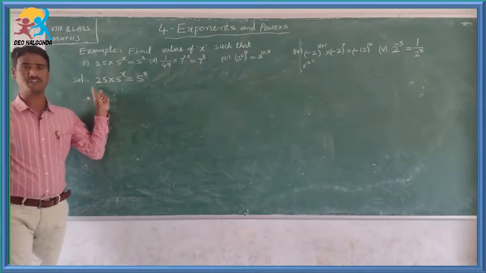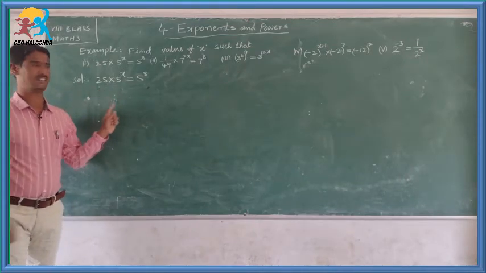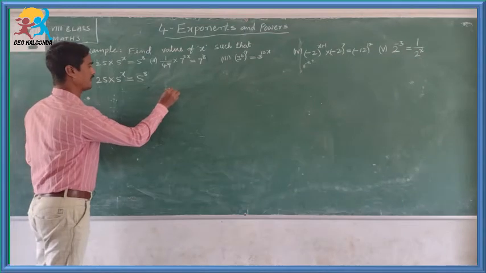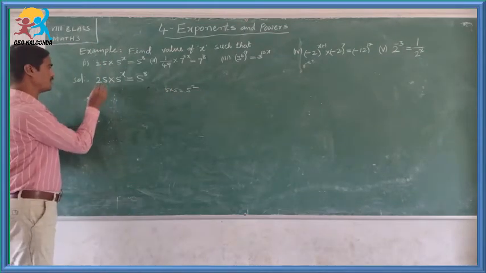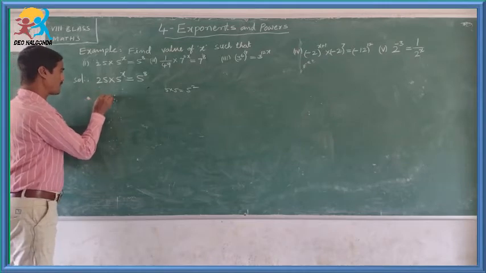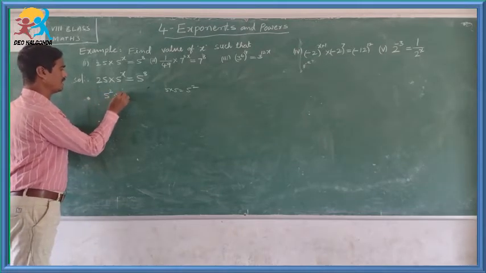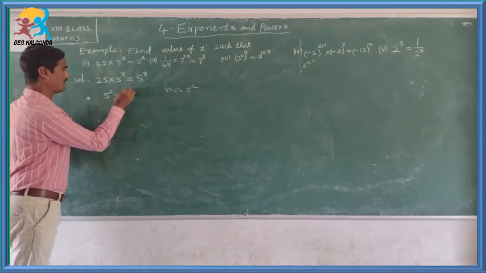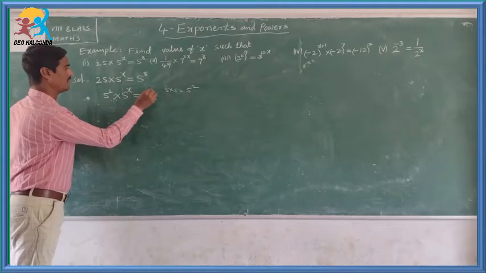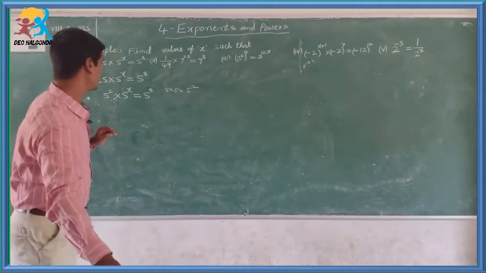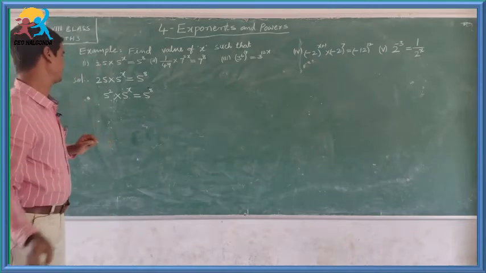Dear children, 25 can be written as 5 into 5, which means 5 square. So 25 I am writing as 5 square into 5 power x is equal to 5 power 8. I changed only 25 as 5 square.